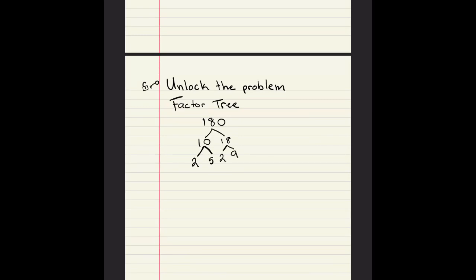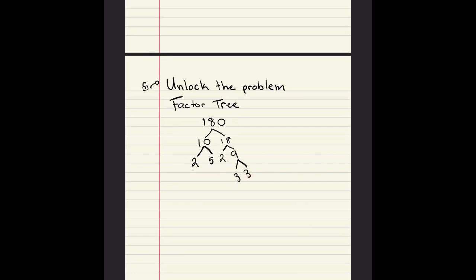And now I need to look at that new set of numbers. Can anything go into 2? Well, 2 times 1, so no, nothing new. Can you multiply anything to get 5 besides 5 and 1? No. Can you multiply anything to get 2? No. What about 9? Yes, you can multiply 3 times 3. Now we're asking ourselves, we have 2, 5, 2, 3, and 3.